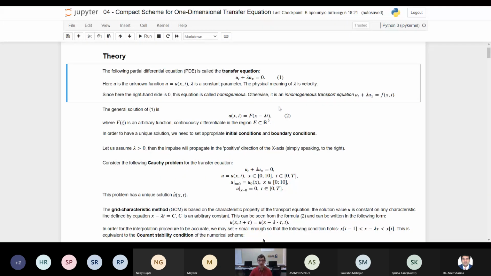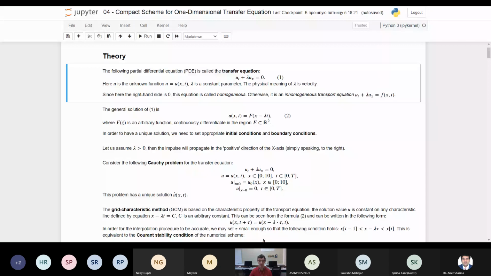In order to have a unique solution, which is typically what we expect from physical problems and different applications, we need to set appropriate initial conditions, meaning the value of the unknown function at the start time, and boundary conditions, because in numerical calculations, usually we have a limited bounded region.